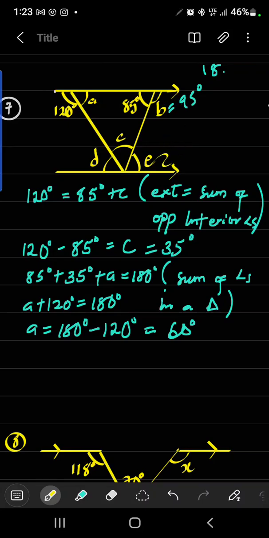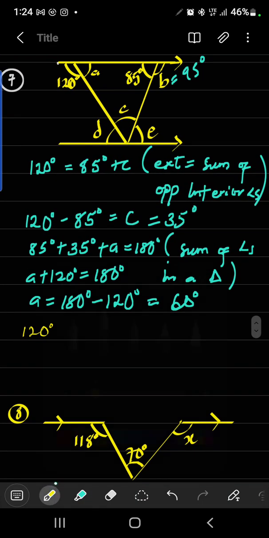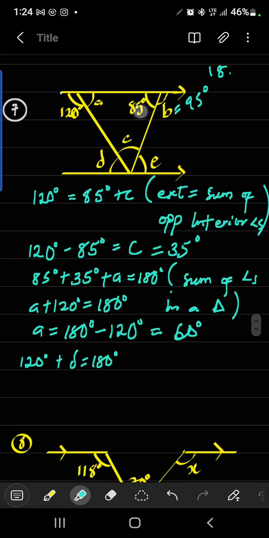And also B plus E should give you what? 180. So let us use it. 120 degrees plus D equals 180 degrees, right? These two, they are co-interior, isn't it?